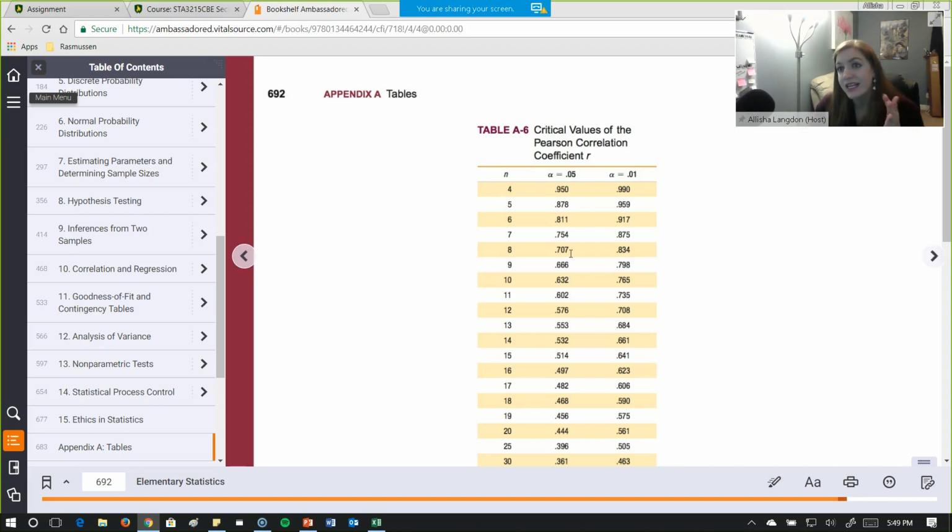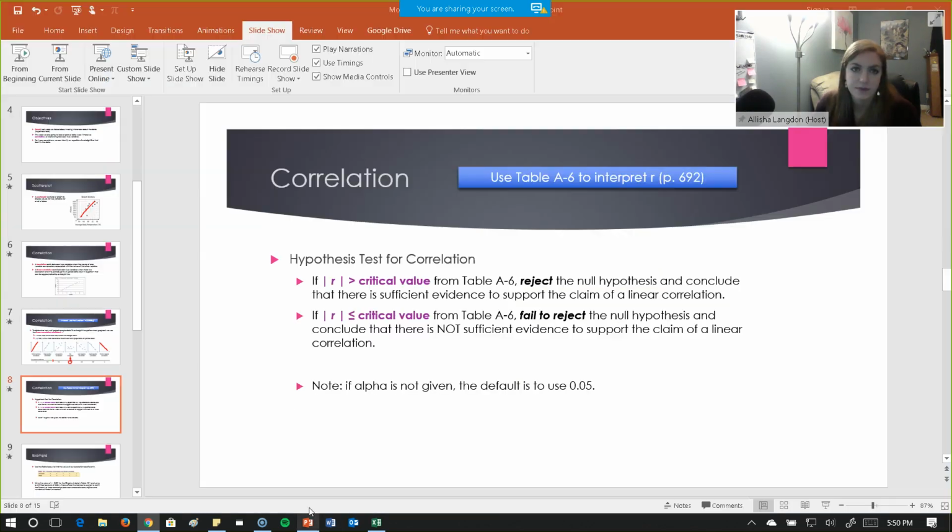I'm not calculating anything. I'm just simply grabbing the number from the table. That's it. And this last column would be if my alpha was 0.01. We would just go over here and grab the number there. That would be if I was 99% sure.